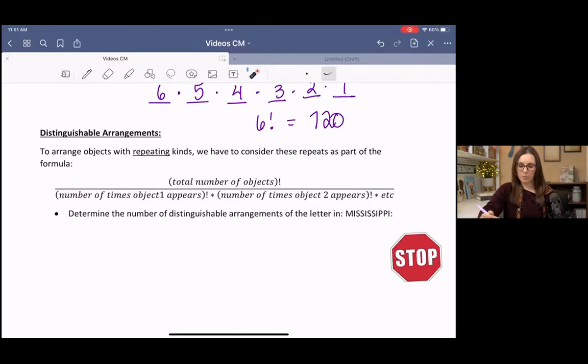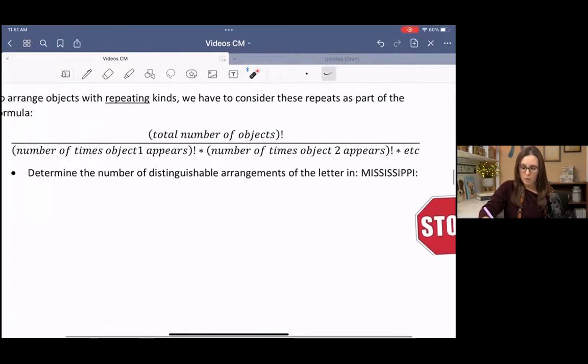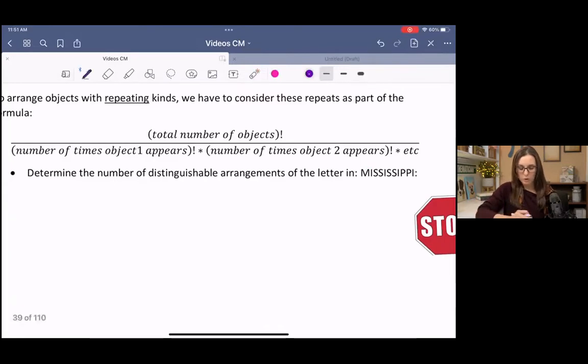So famous example here, you can use Tennessee or Mississippi. I used Mississippi. We want to know the number of ways that we can arrange these letters. And there are repeating letters in this word. So we're going to use the formula above.